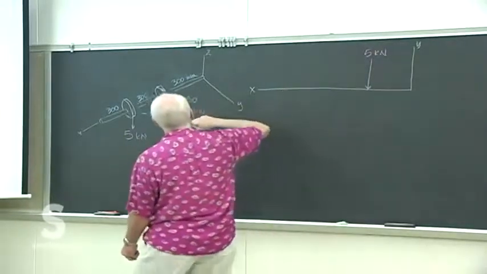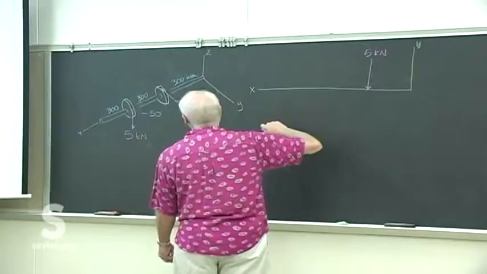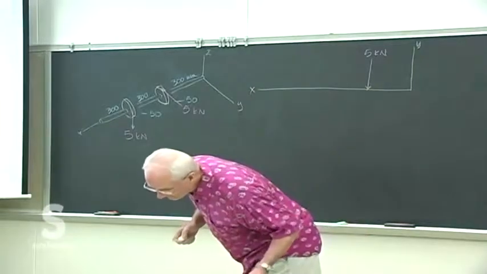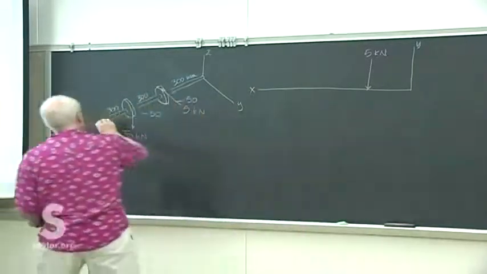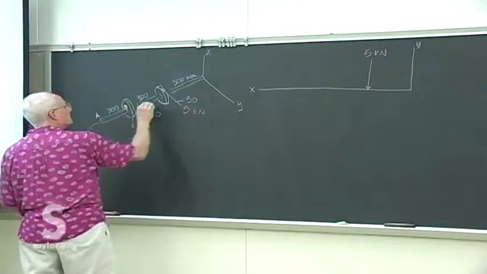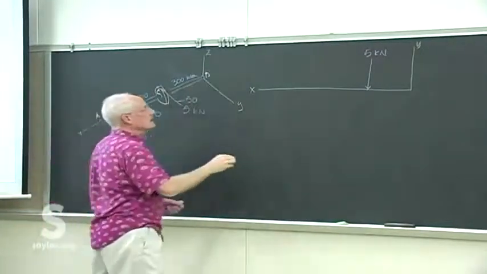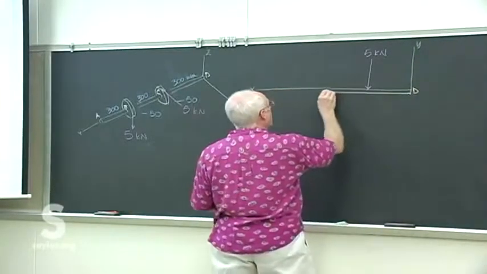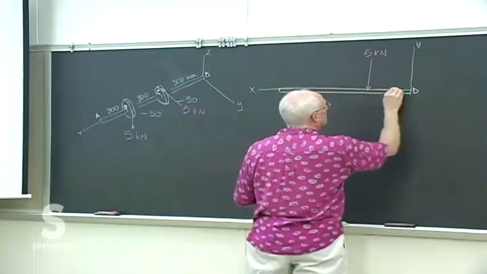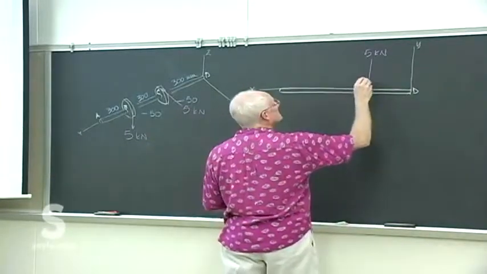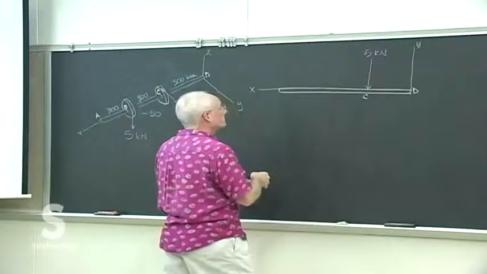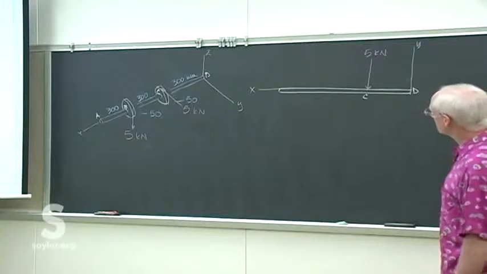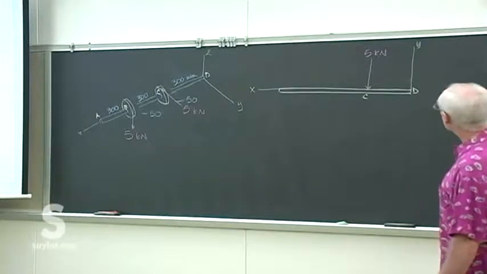And then don't forget, you need to figure out what the supports are. So we'll call this A, B, C, and D. There's end A. This is the force at C. And there is no other y force seen in this xy view.